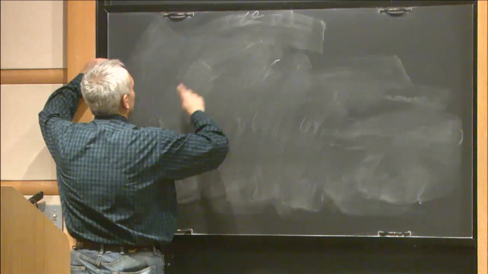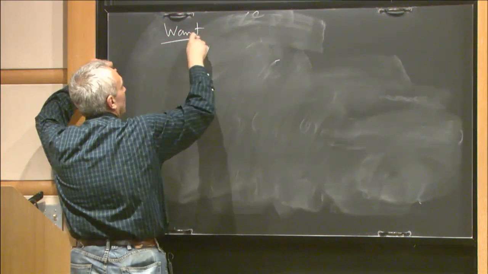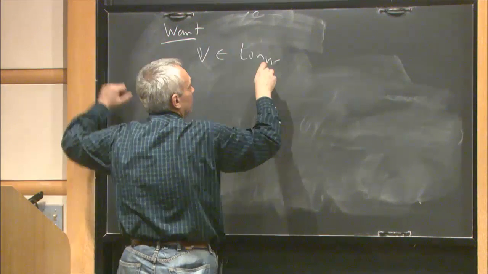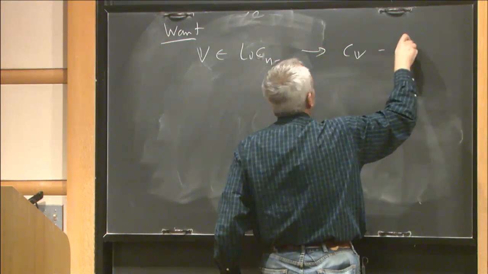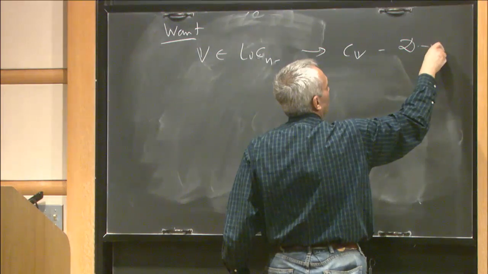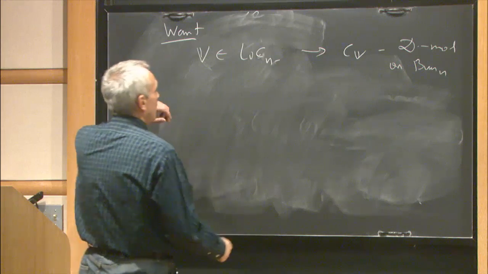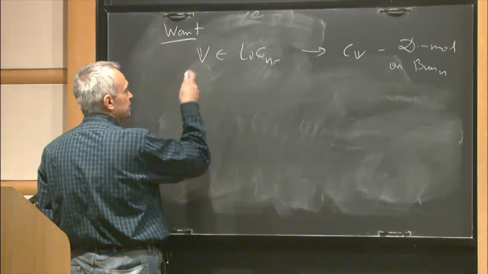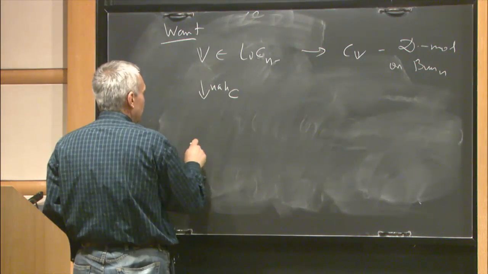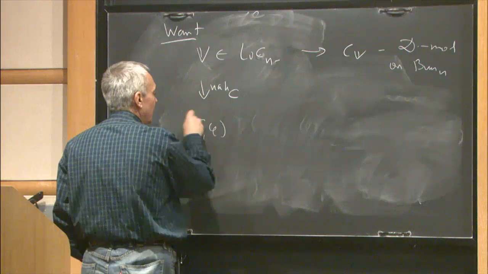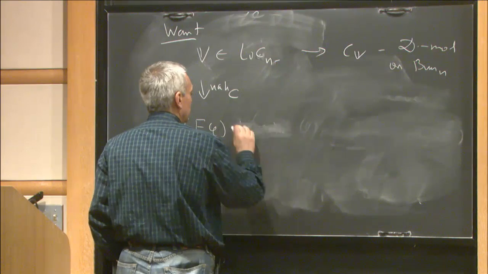Here is what we want to do: we want to start with V and produce C_V, which is a D-module on Bun N. So the first thing you do is you apply the non-abelian Hodge correspondence on C. That gives you a Higgs bundle. Let's call it (E, phi). So this is in Higgs n.